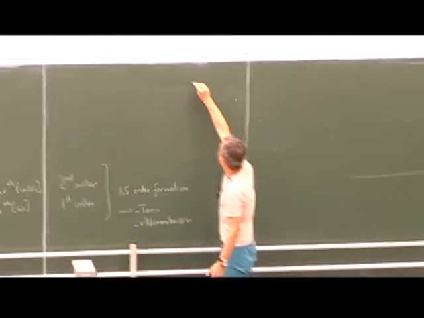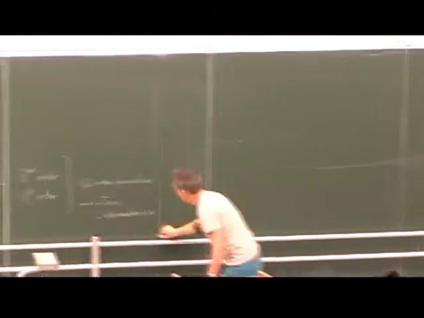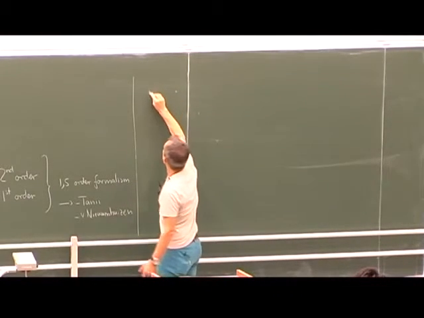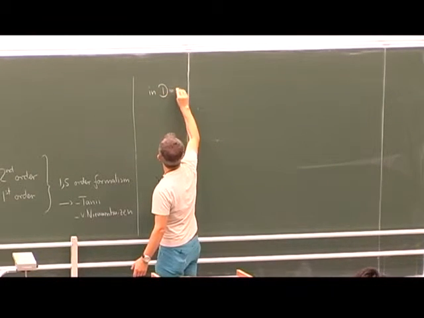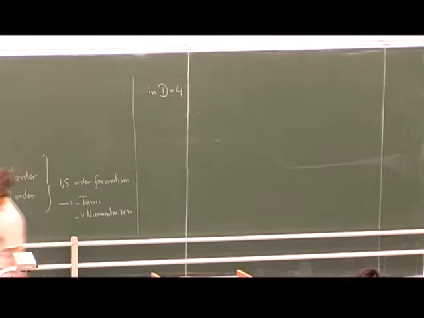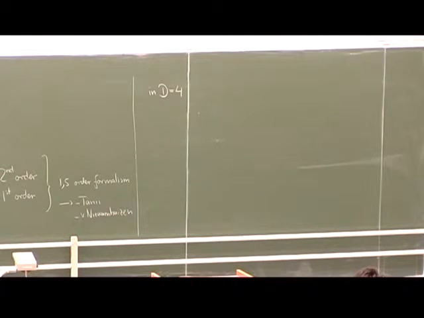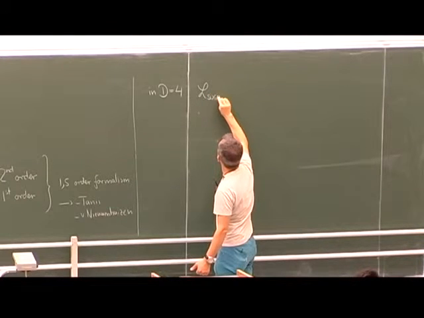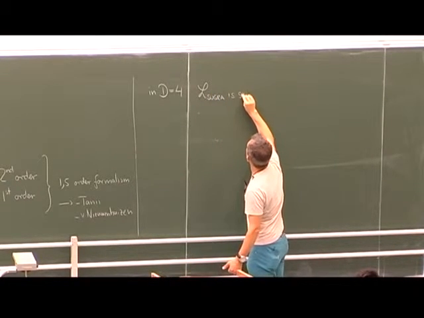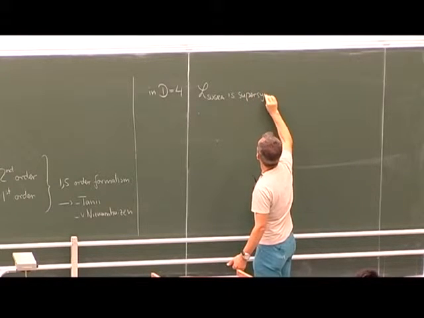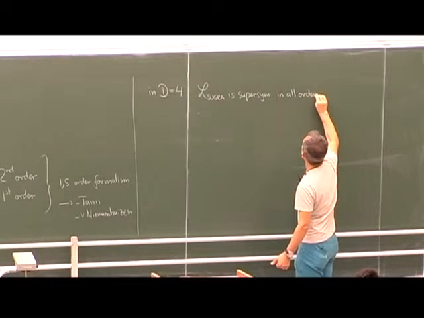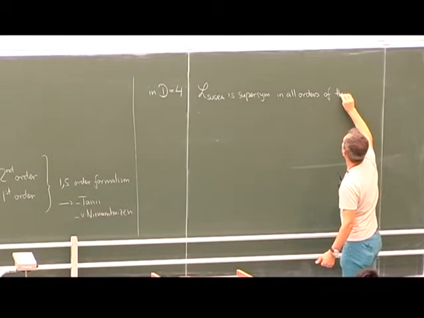So that's the result. Let me just give you the result, because now that is really specific to the space-time dimensions. So in 4 dimensions, this supergravity Lagrangian, L sugra, is supersymmetric in all orders of the fermions.